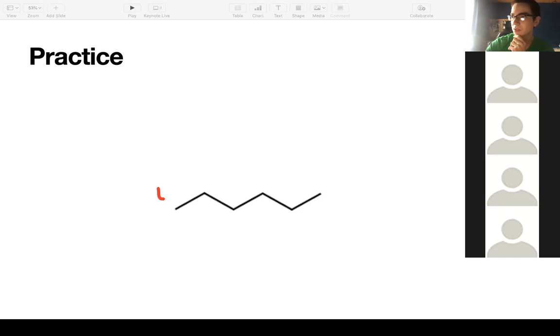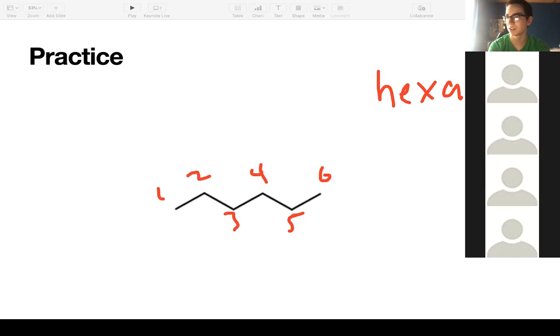We got 1, 2, 3, 4, 5, 6. We have no functional groups. 6 indicates hex. We only have single bonds in this case. Hexane. We don't have anything to attach to it. It doesn't have any substituents or functional groups. So this one is just hexane.